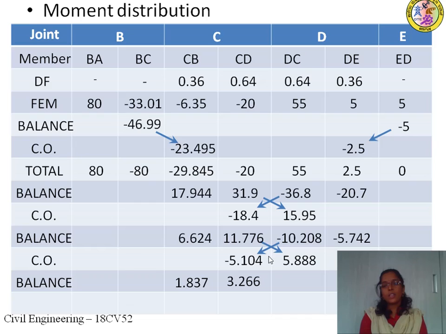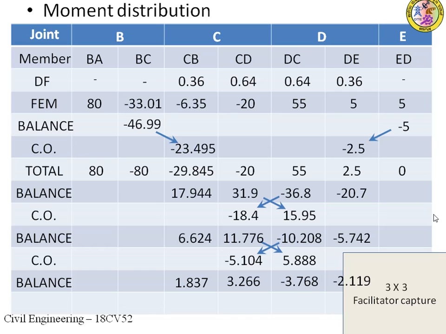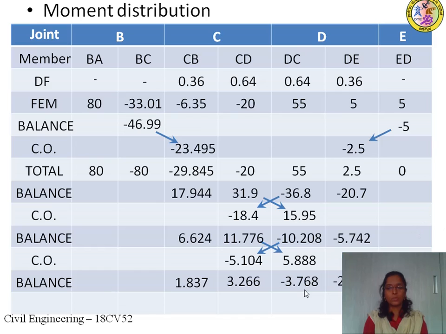Now joint D is imbalanced by 5.888. Therefore balancing moment will be minus 5.888. Minus 5.888 into 0.64 will be equal to minus 3.768, and 5.888 into 0.36 will be equal to minus 2.119. So these are the balancing moments.